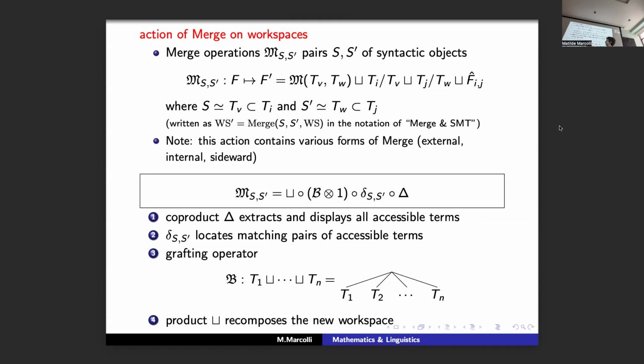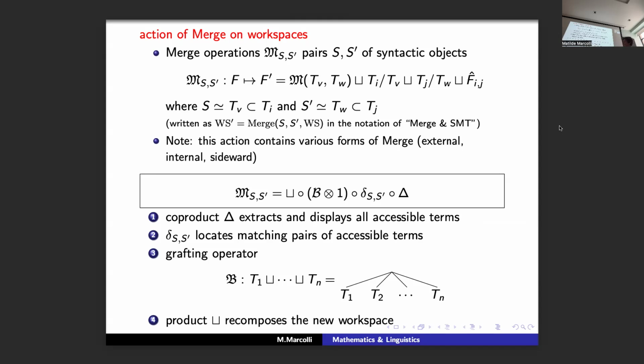And then you use the product to reassemble the new workspace together. So that's the structure. Of course, this is just giving you a map that takes a basis element to a basis element, and then you extend by linearity. So it's a linear map on this space of forests.